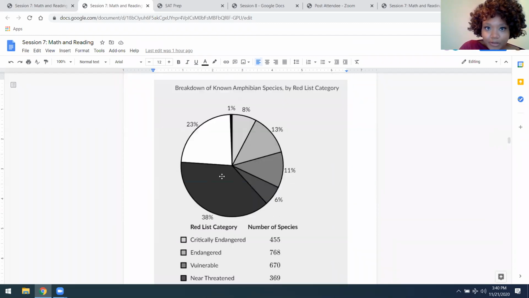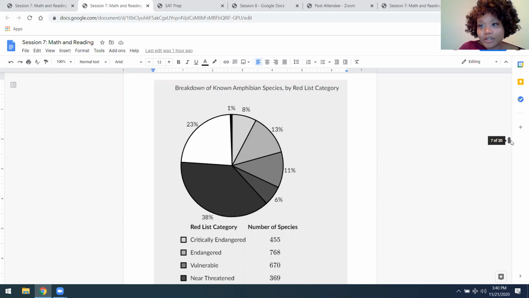So we see these little slices, these kind of small to medium slices of pie, and we have this huge slice, and we have this big, but not as big as the biggest slice. So this is the second largest. You can tell just by looking. You can also tell because of the percentage. It's the next one down from 38. 38% is the biggest portion a single category is holding in this graph. 23% is the next one.